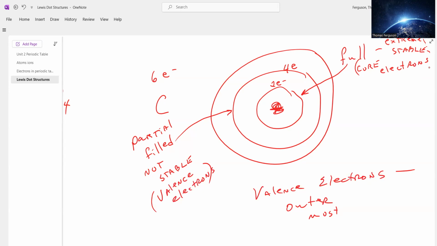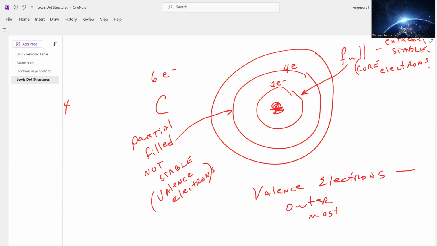Positive, because there are protons there, right? So the closer you get to the nucleus, the more stable the orbit is. So the further you go out, you get further away from that attractive nucleus. So those orbitals are less and less stable. So going back to your question, can I have 2 electrons here and 2 electrons here? Yes. These are called excited electrons. These are called non-excited. The non-excited ones are more stable.